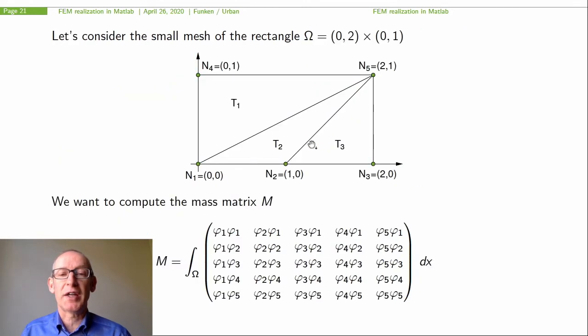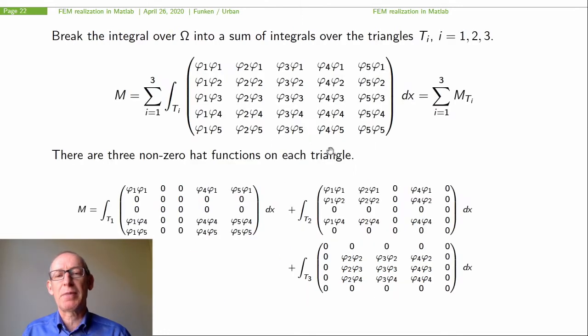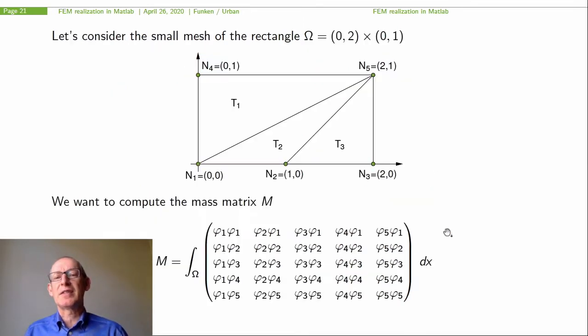For the second triangle, we have only, this should be 5 and this should be 3. So phi 3 is 0 on the whole T2, and the same for phi 5. So we expect zeros for the third and for the fifth row. And the same now if this is 2, 3, and this is N4.